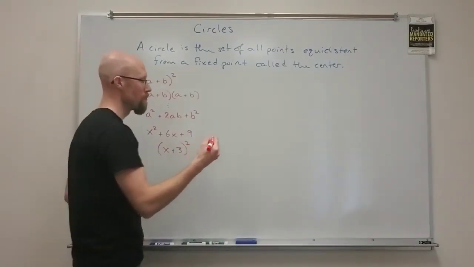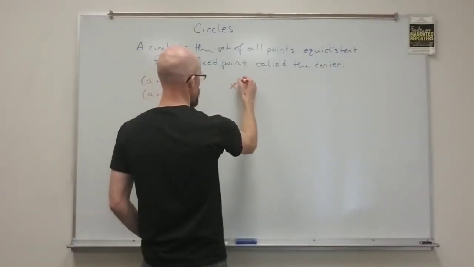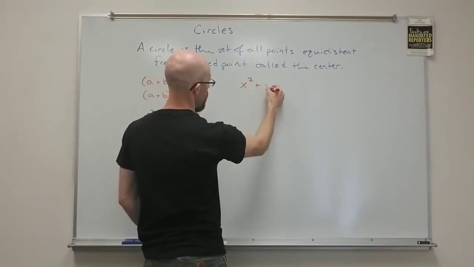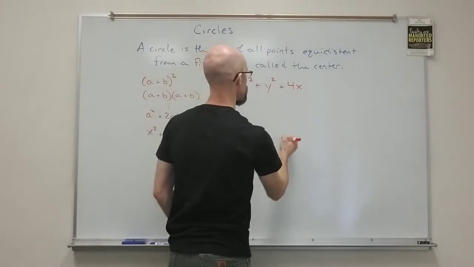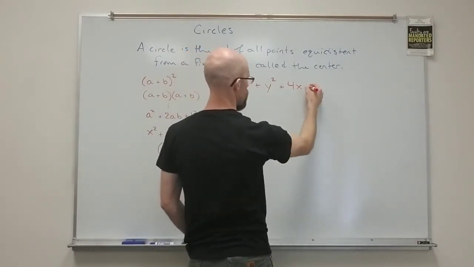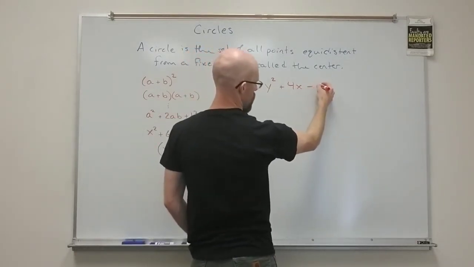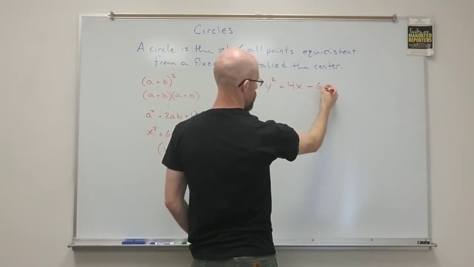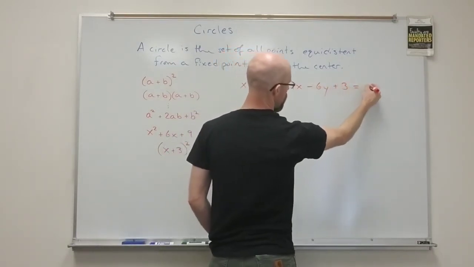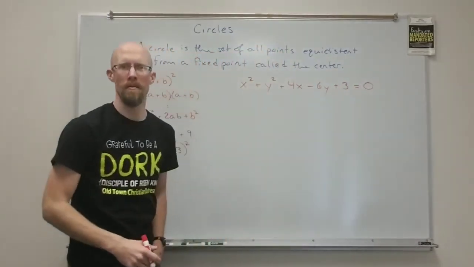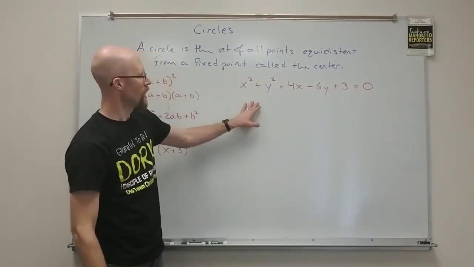Let me give you an example. If I had the equation x squared plus y squared plus 4x minus 6y plus 3 equals 0. I'm making this up on the fly.